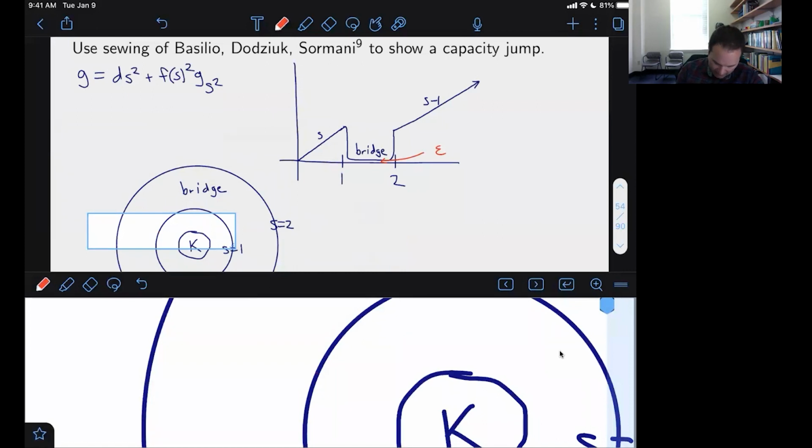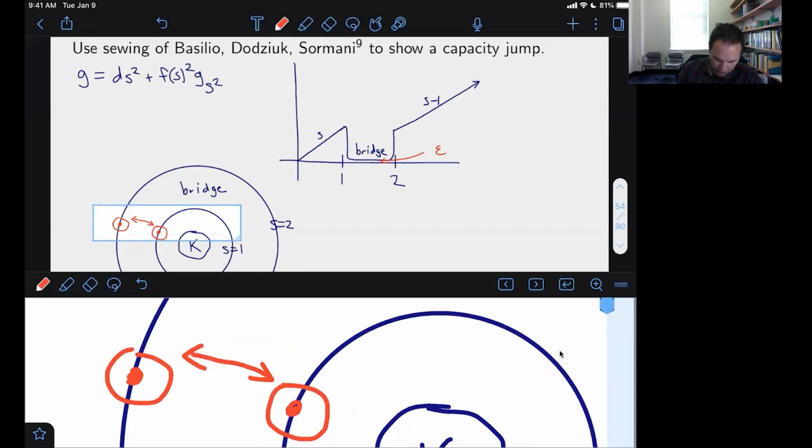So take a point on the first sphere, look at the corresponding point, the same angular coordinates on the other sphere. What you can do is cut out a small ball. Cut out a small ball there. And then you can identify those two spheres you cut out or join them with a small bridge between them.